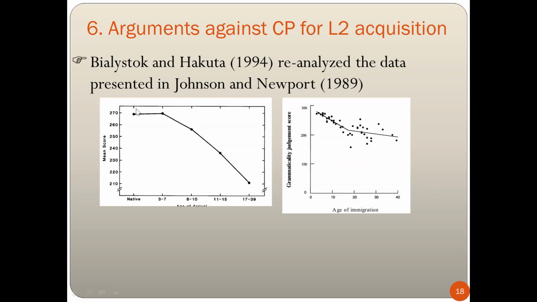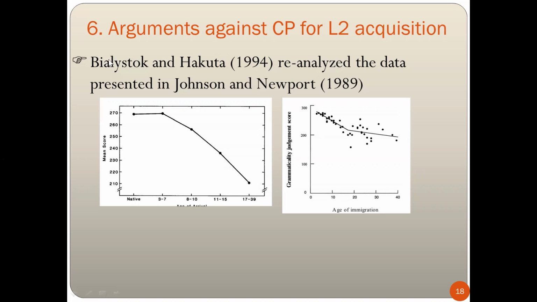So those who arrived between 3 and 7, level, native competence, and then it starts dropping quite markedly. So there is a steep decline, as you can see afterwards, and it goes down and down and down until you can see the level of achievement is really, really low.